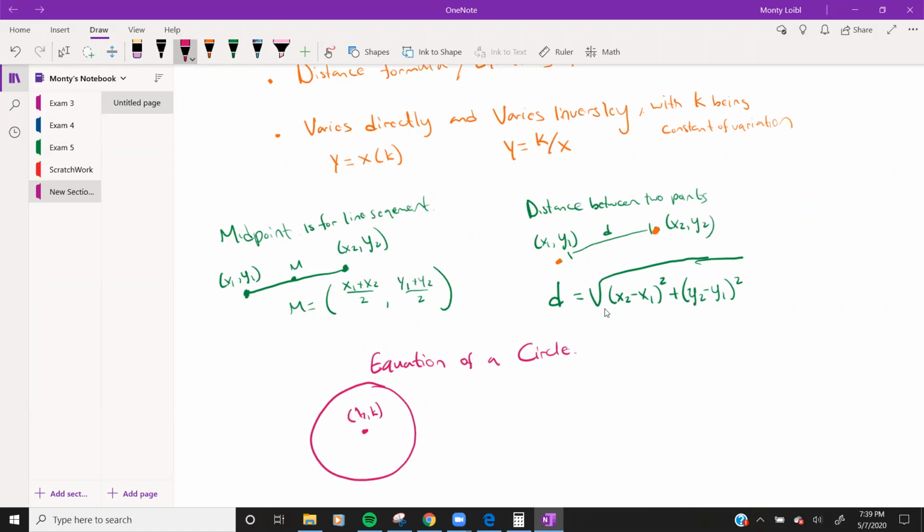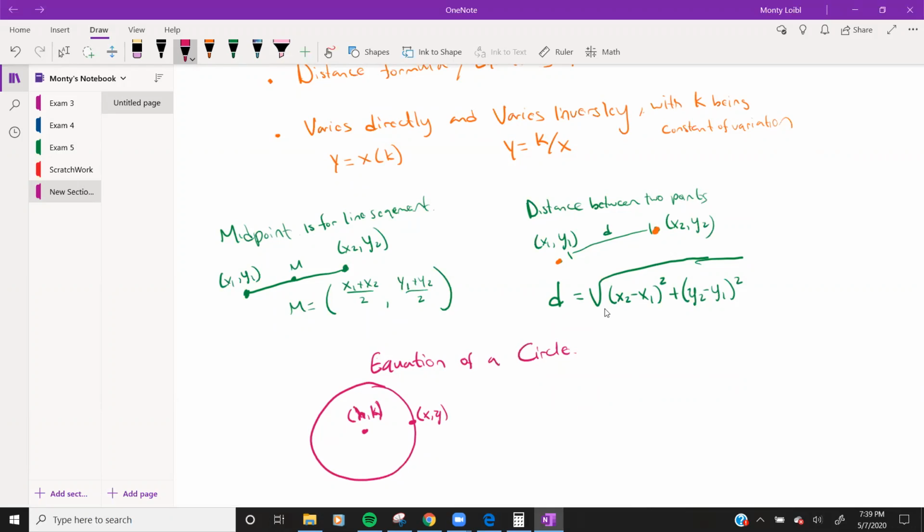The reason it's so similar to the distance formula is that if you have a point on the circle, no matter what this point is, let's call it just some point x, y, you're basically looking at the distance from the center to this point, right?